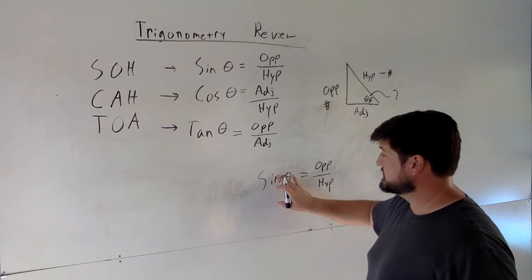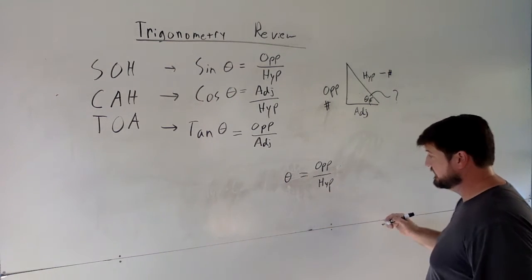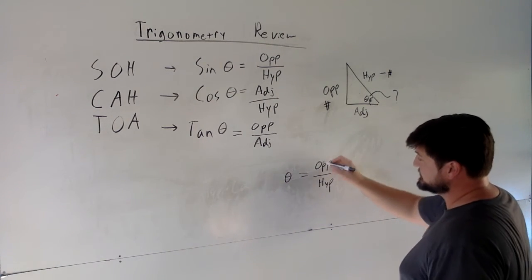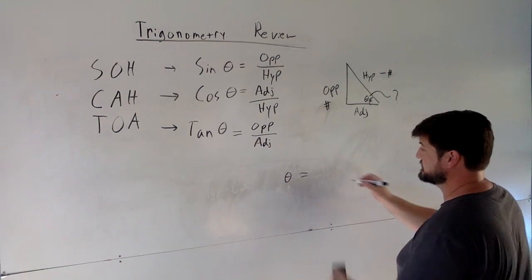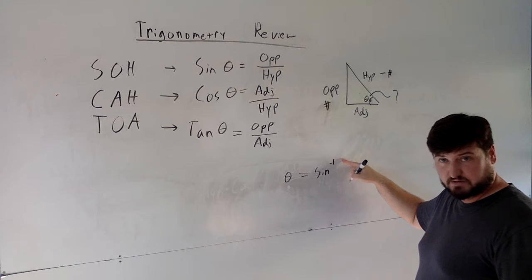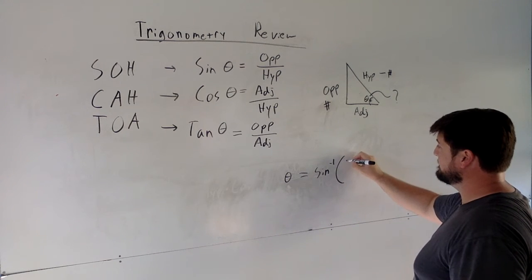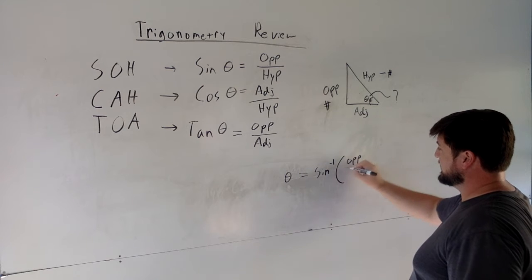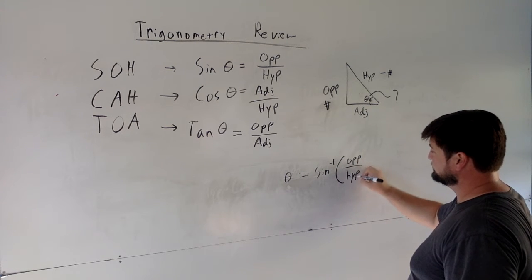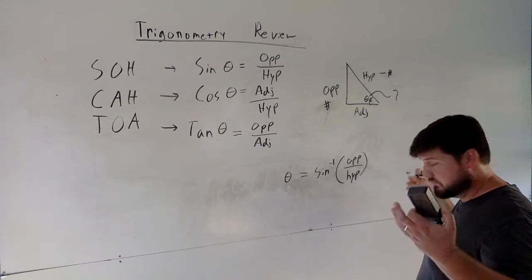What I do to this side, if I do inverse sine, I have to do inverse sine over here. So let me rearrange this. Inverse sine is called sine to the negative 1 on a calculator, and that's where you're going to see it. Theta equals inverse sine of the opposite side divided by my hypotenuse. If you plug this into a calculator, you'll get your value for theta.